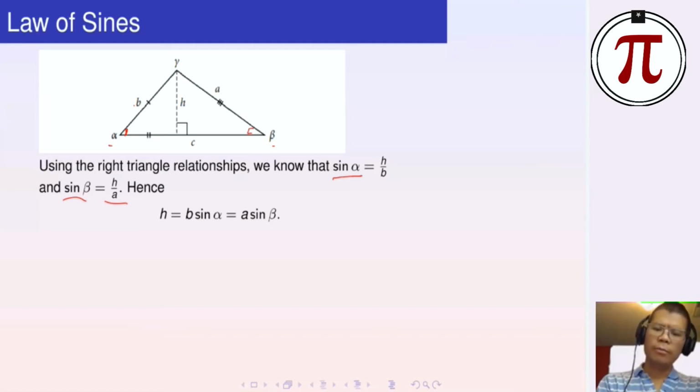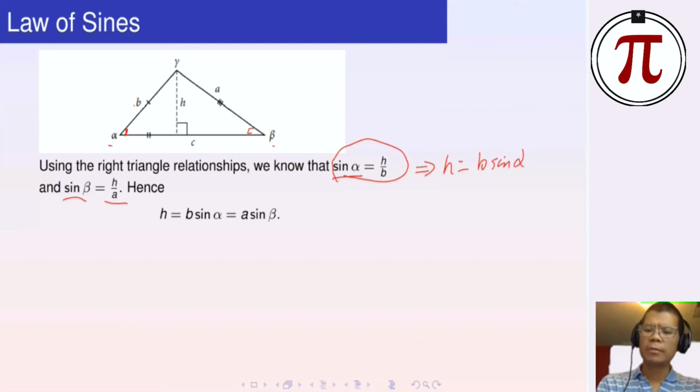From this equation, I have h equals b times the sine of alpha. I multiply b on both sides, and I get h equals b sine alpha. Similarly, from this one, h equals a times the sine of beta.